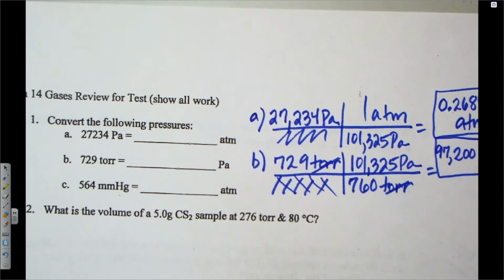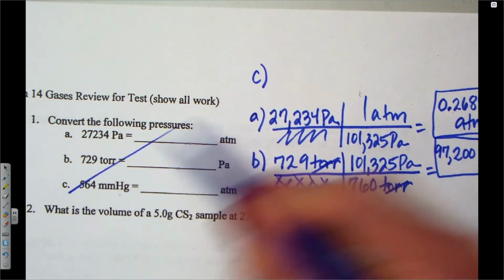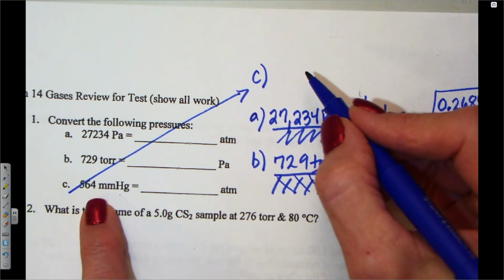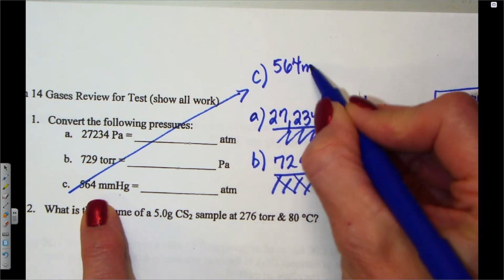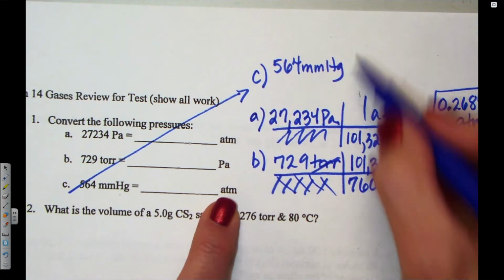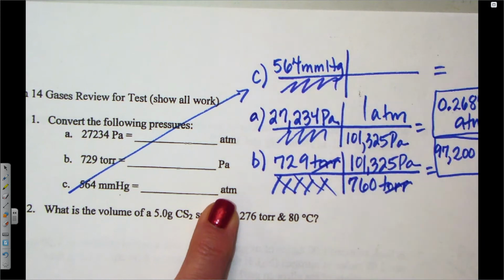All right, I'm going to do C up here. I should have started a little bit higher. Okay, so we're trying to convert 564 millimeters of mercury, and we're trying to convert that to atmospheres. Again, all these are one-step conversions.